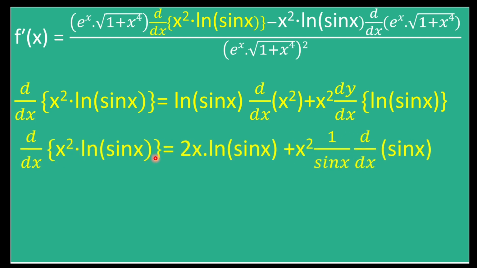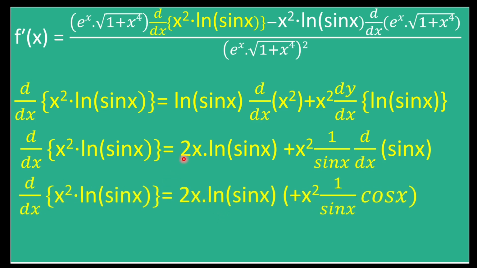Now when we differentiate x square, it will become 2x, and ln sin x, and here x square as it is, and when we differentiate ln sin x, as we know, the differentiation of ln x equals 1 divided by x. So therefore this will become 1 divided by sin x, and again we will differentiate its angle, that is, the differentiation of sin x.